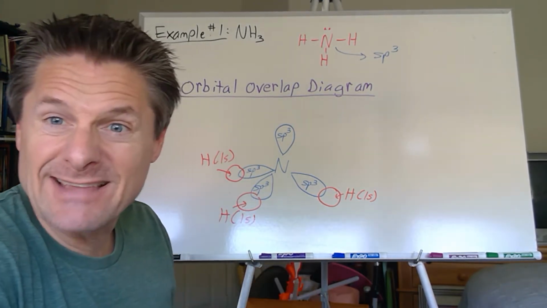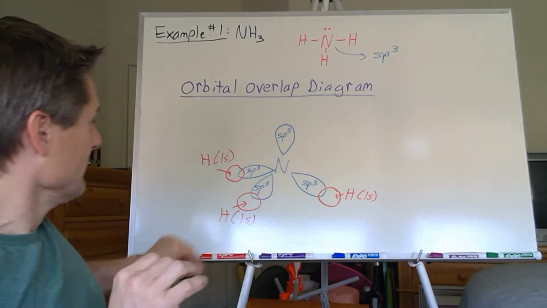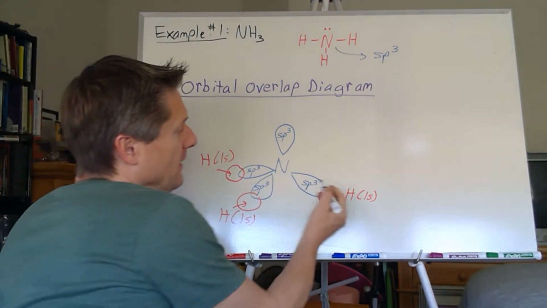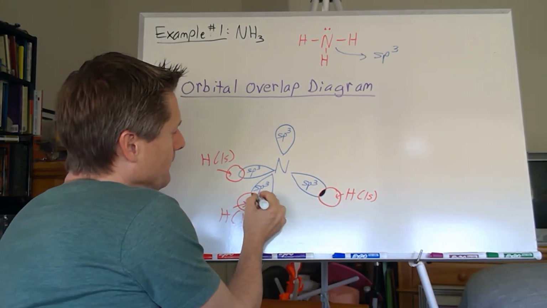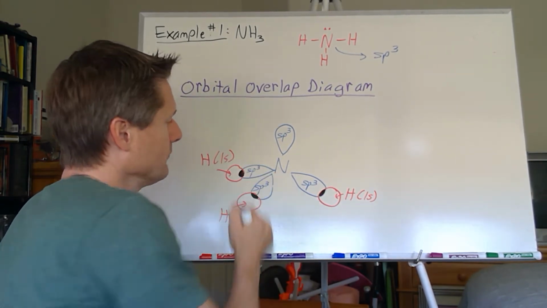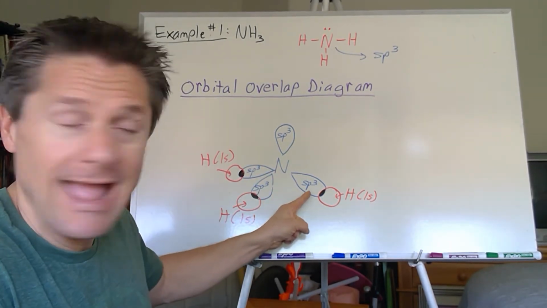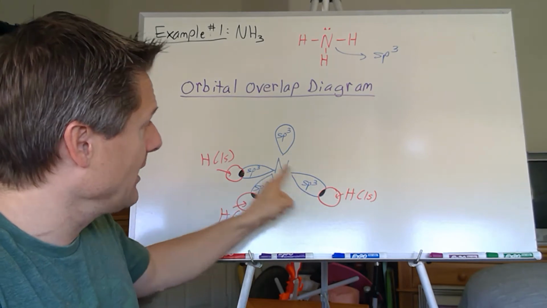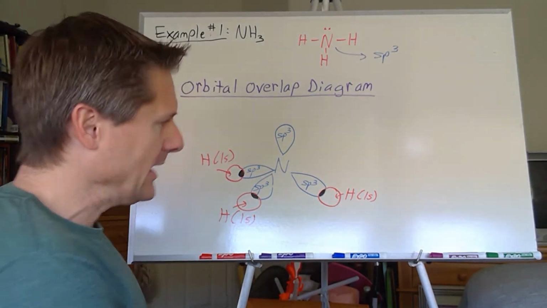Ideally, I'd draw that inside, but hydrogens are tiny little things. I'm going to fill in the overlap here. See that black area? That's where the electron density lies. Now that's along the internuclear axis between the hydrogen and the nitrogen.